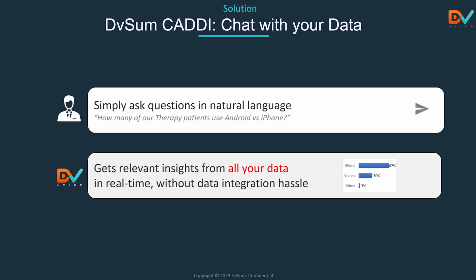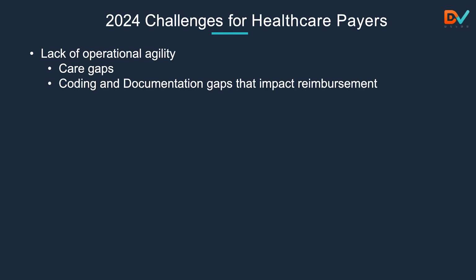In healthcare, especially among payers today, a common reason for the lag in value-based care payments innovation is a lack of agility operationally to address care gaps, coding, and also documentation gaps that can affect reimbursement. The use of CATI, Chat with Your Data, by care managers and operational execs can quickly identify areas for improvement using voice AI capabilities for self-service analytics.